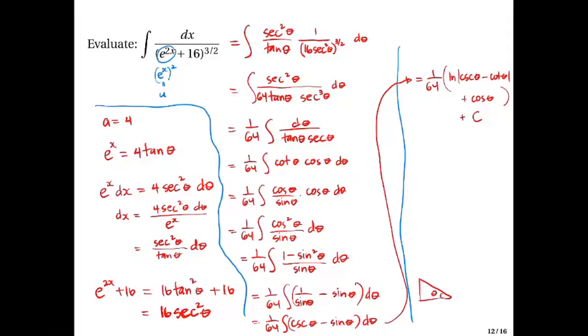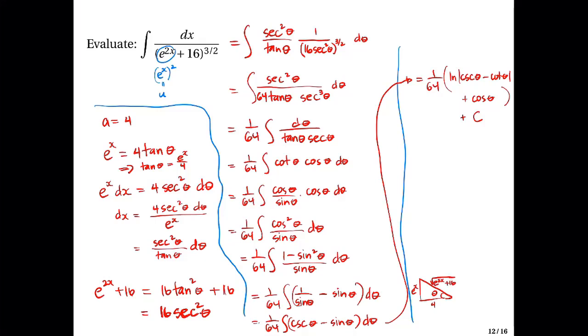From this guy here, we have tangent theta equals e to the x over 4. And tangent theta, that's for the TOA. So opposite will be e to the x, adjacent will be 4, and the hypotenuse will be e to the 2x plus 16, and you take the square root of that.